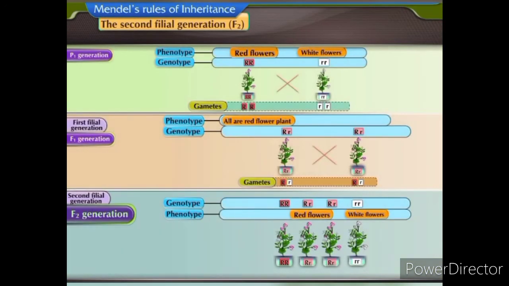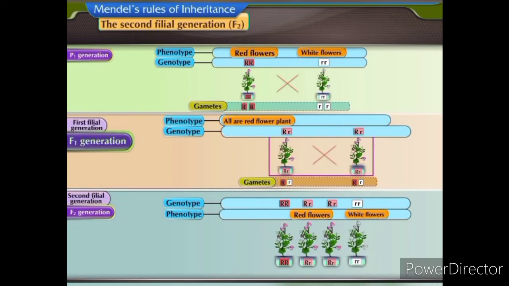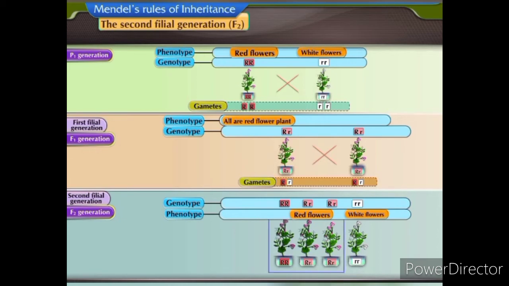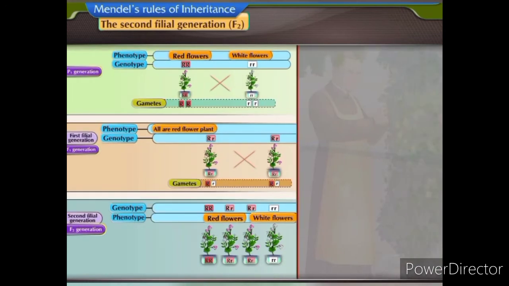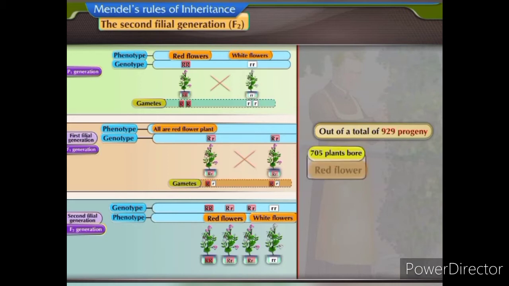The F2 generation, resulting from selfing of F1 plants, showed the presence of both red-colored flowers as well as white-colored flowers. Mendel experimentally observed that out of a total of 929 progeny, about 705 plants bore red flowers, while 224 bore white flowers.